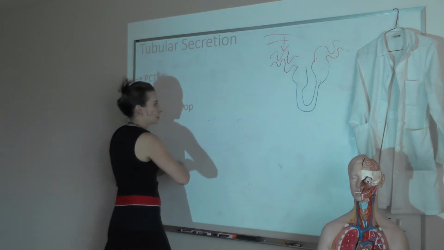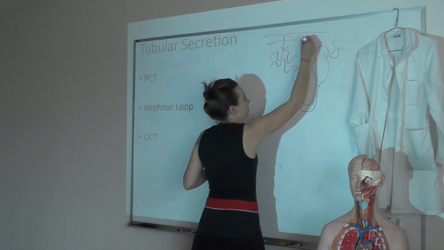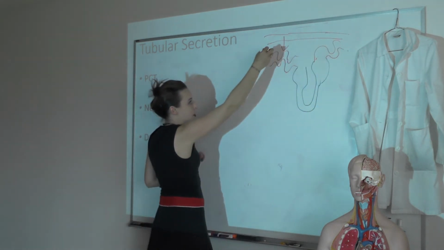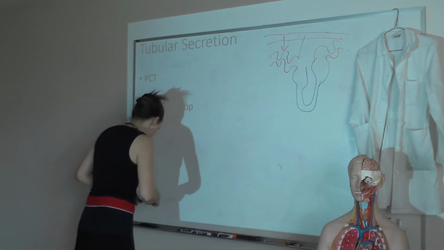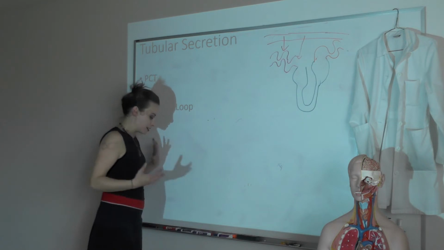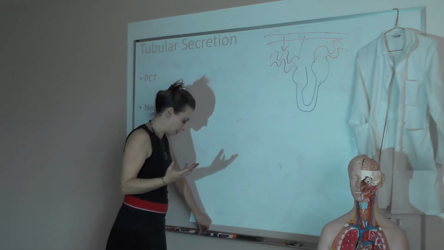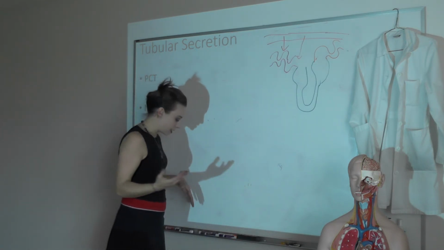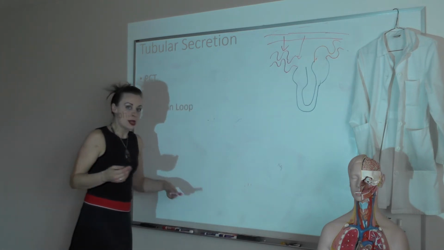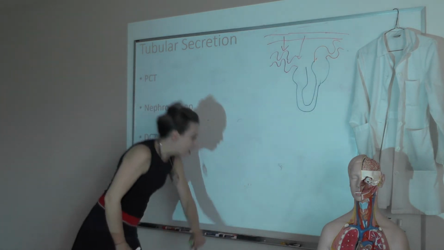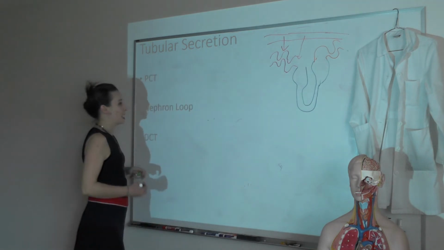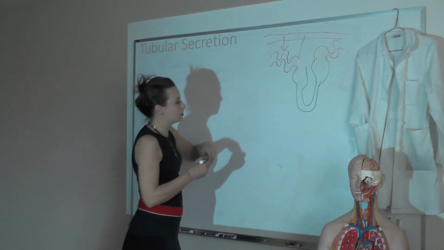So tubular secretion is the process by which I'm going to pull things out of the blood and concentrate it in this fluid. So this is how I'm going to rid the body of unwanted wastes that are floating around in my blood. So again, the proximal convoluted tubule is making most of our adjustments to blood and urine, so most of our tubular secretion is going to happen here. So what am I going to pull out of the blood?